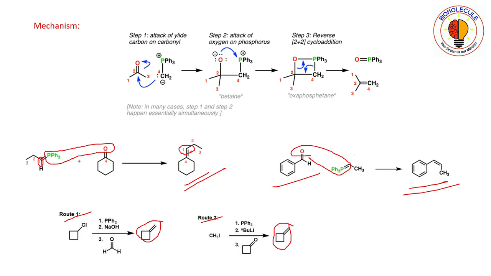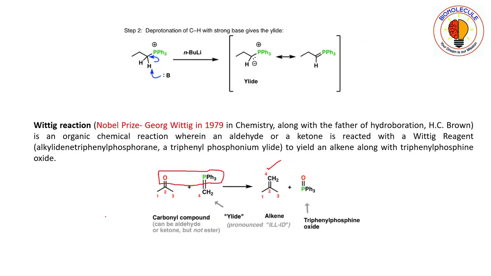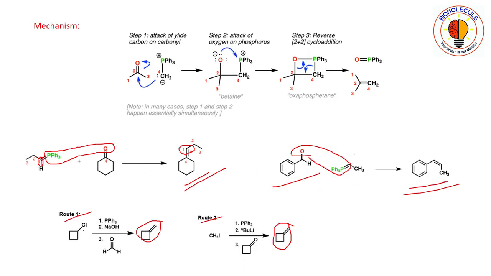So now we look over here. First of all, we have to generate this ylide. Then this ylide will undergo Wittig reaction with the carbonyl compound. So first we have to generate the ylide. We see over here that this is a secondary alkyl halide and this one is a primary alkyl halide.